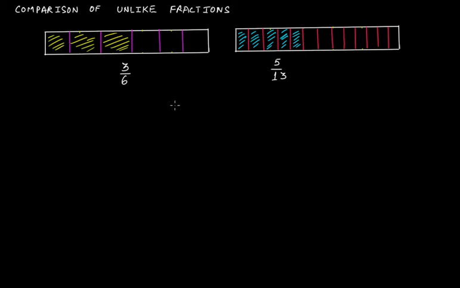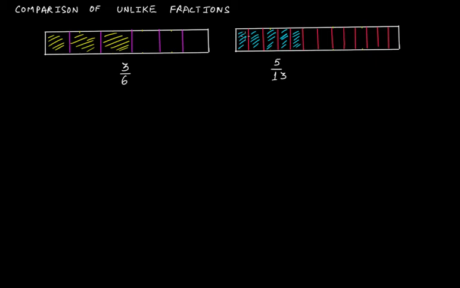If I ask you, if this block has been divided into 6 equal parts and this block into 13 equal parts, and I compare a single portion of this one and a single portion of this one, which one will be the greater one?